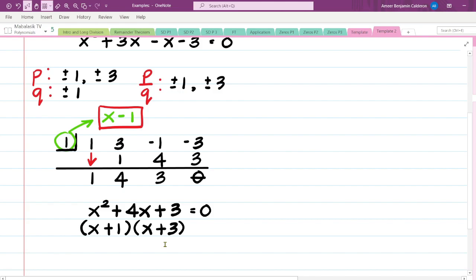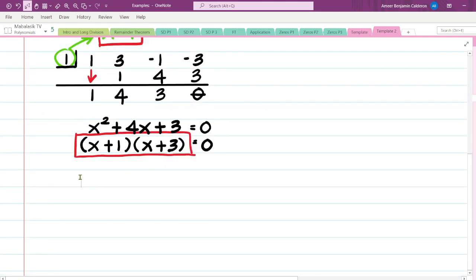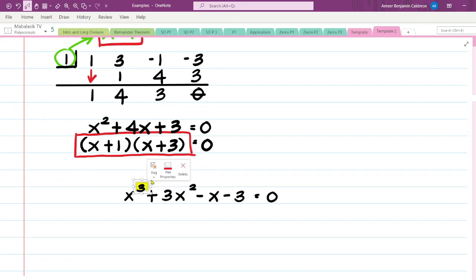Now that we have all our factors, we can factor our polynomial completely and identify its roots or zeros. So I'll just copy this, so I won't write it anymore. I'll paste it here. And let us factor this polynomial completely.